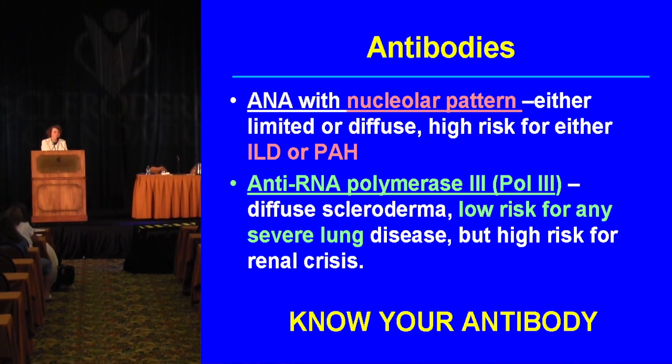So I could do these fancy things and come up with another name for this nucleolar antibody. Commonly, if you are Caucasian and have a nucleolar antibody, you're liable to have one antibody, and if you're African American, it's a different autoantibody. But in both cases, the nucleolar antibody is associated with both types of lung disease.